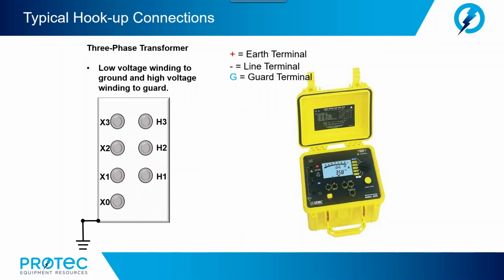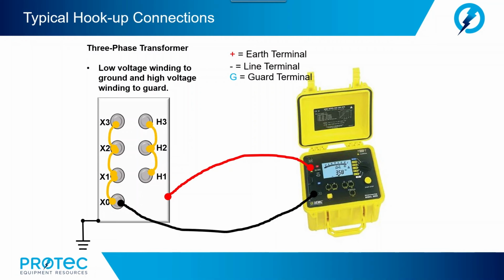All right, now low voltage windings to ground and high voltage windings being guarded out of the circuit. So again, we short them out for safety. We connect the positive lead to the chassis ground of the transformer, the negative lead to the low voltage windings, and the guard circuit to the high voltage windings.